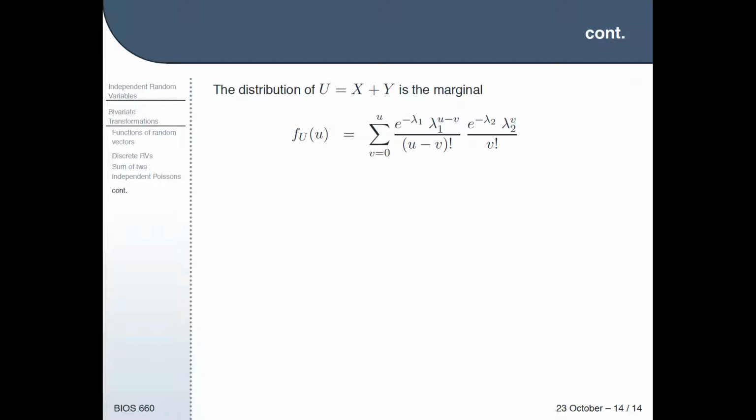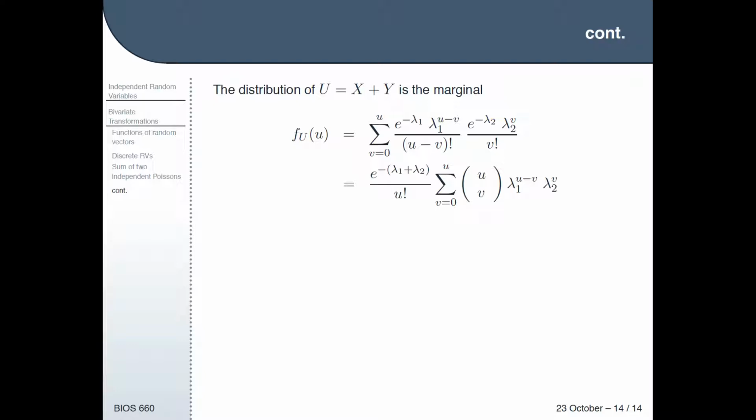So we take this joint PMF and sum over all possible values of v. v in this case can only assume the values from 0 up to u, because any bigger than that in the sum would be greater than u.